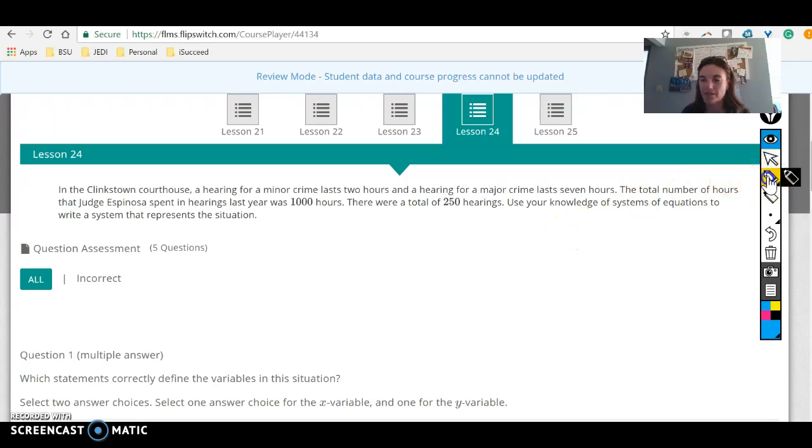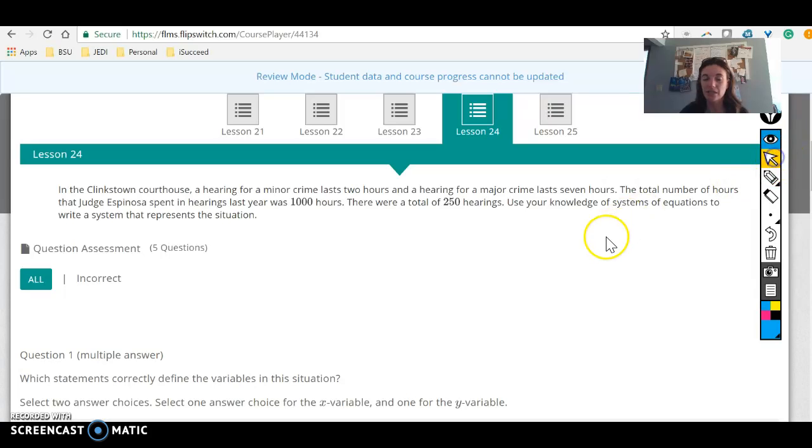We've got an x variable and a y variable. And we know that one of them has to represent major crimes and one of them has to represent minor crimes, right? Because we're looking at the time each takes and adding that up to 1,000, and then the total of those two, minor and major crimes, are going to equal a total of 250.